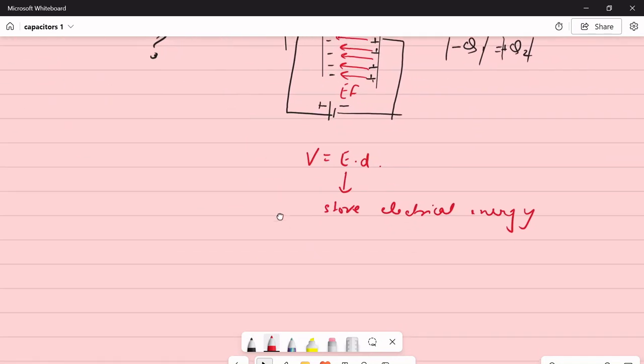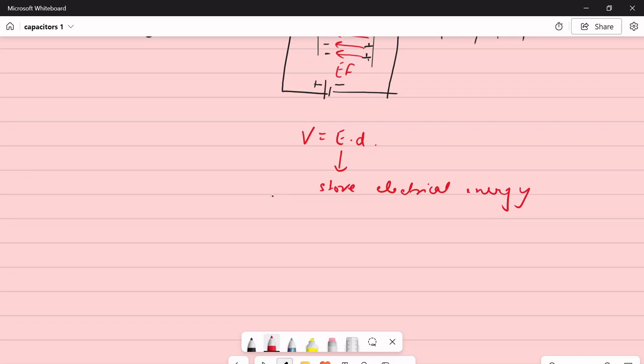Positive charges are on one side, negative charges are on the other side. So this is kind of a polarization. Like negative is here, positive is here. As I've already discussed this in my previous video, you can check it from there.